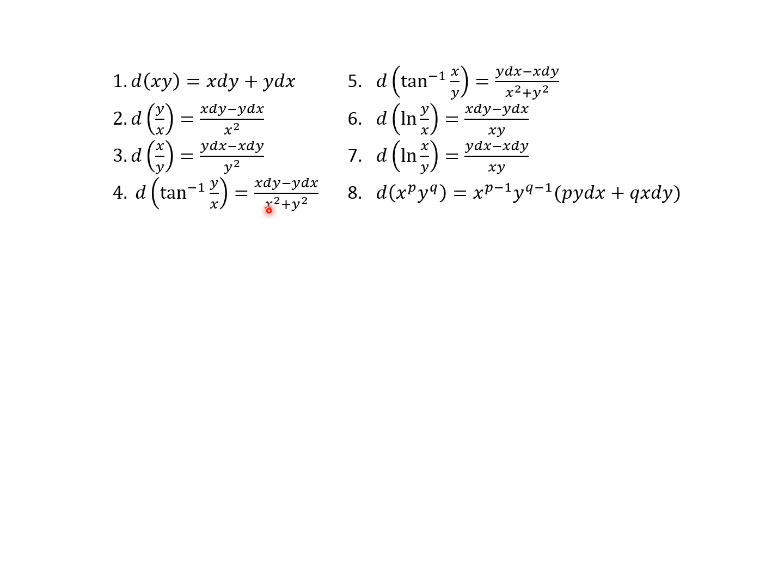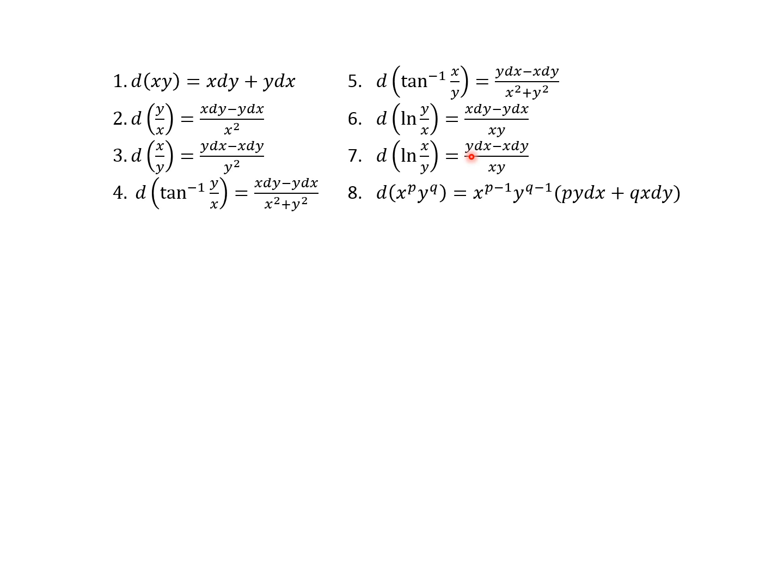The difference is one starts with x, the other starts with y. The derivative of ln(y/x) is (x dy - y dx)/xy. The derivative of ln(x/y) is (y dx - x dy)/xy. Both denominators are xy, and one is starting with x, the other starting with y.